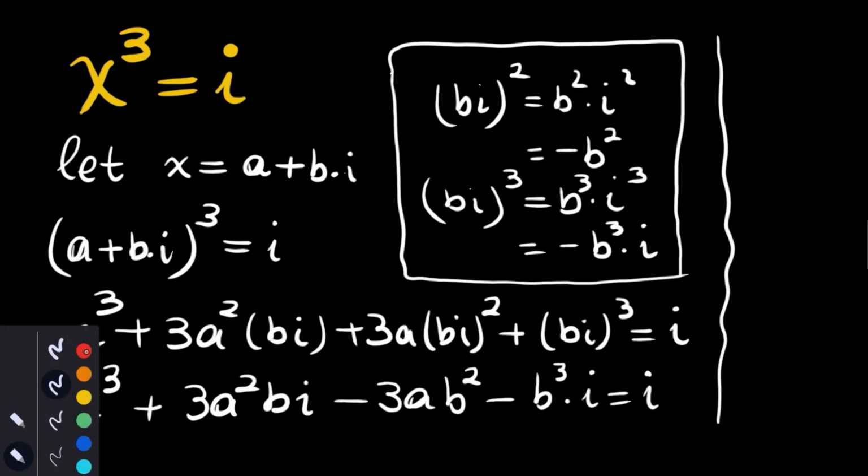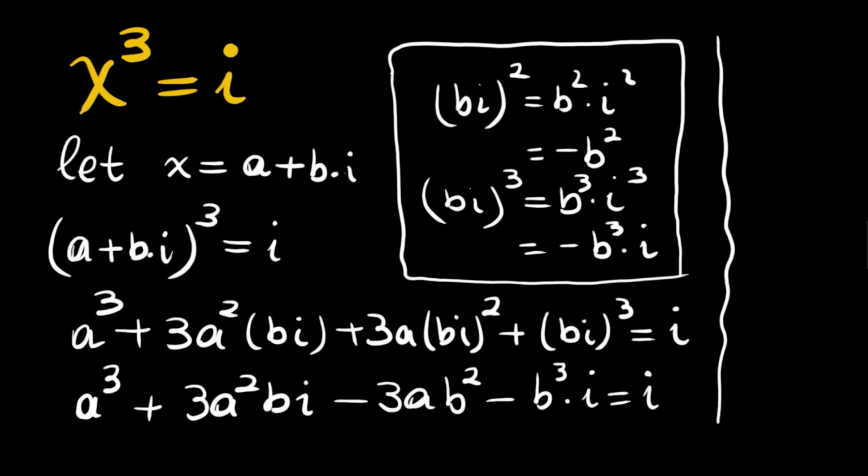The real part of the left hand side is a cubed and this negative 3a b squared.